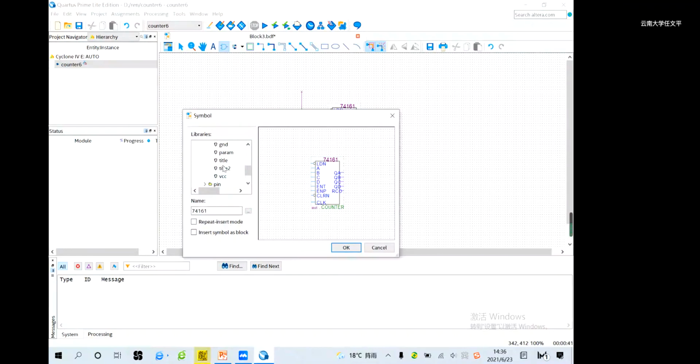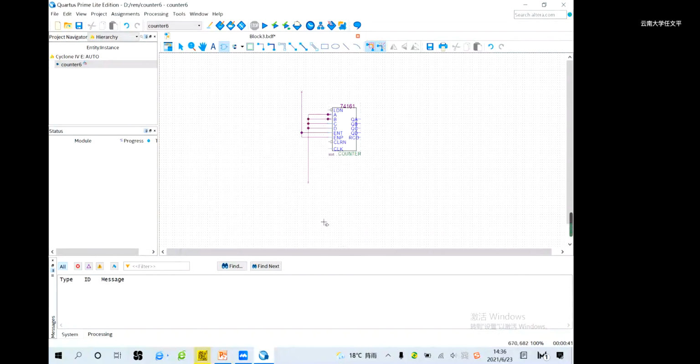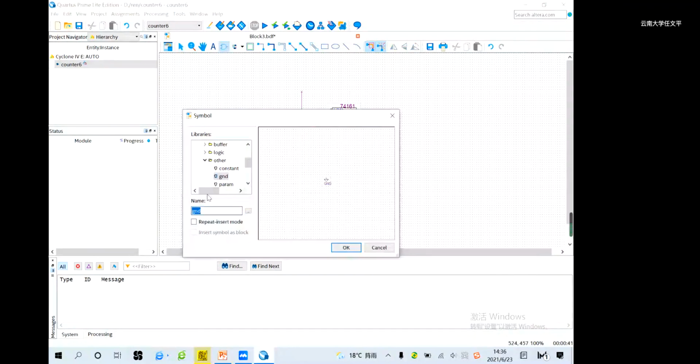And if you know the name of the symbol, you can put the name in here.